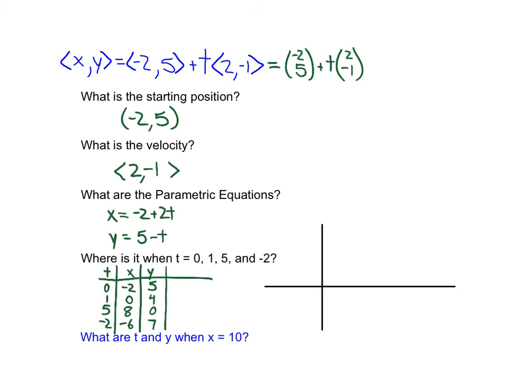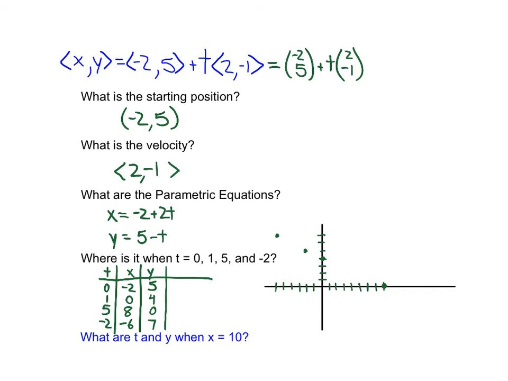Okay, so notice here, I have these points: 0, 4, negative 2, 5, I have 8, 0, and I have negative 6, 7.